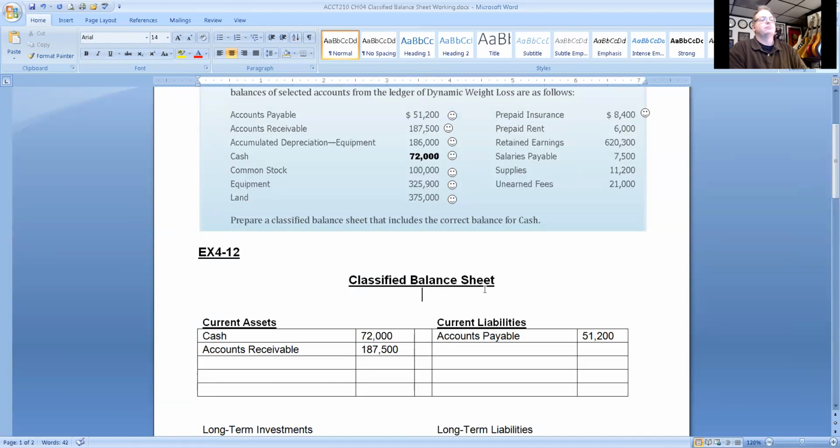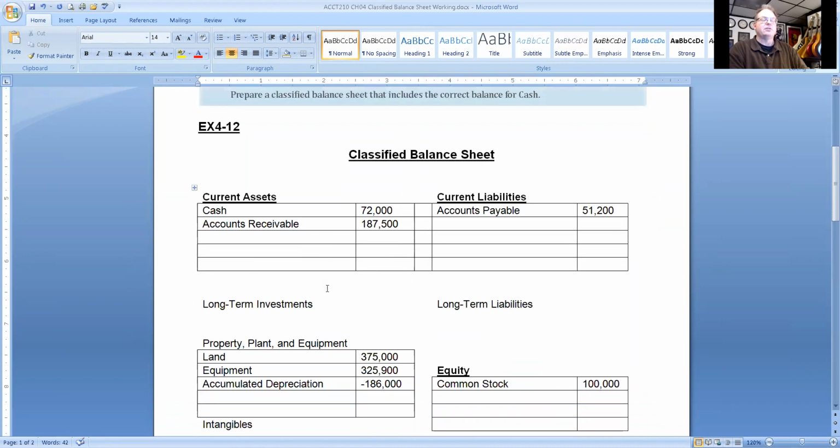The prepaid expense. Yeah, same thing as prepaid. So what classification is it going to be? It's going to be an asset. I'll give you a choice. It could be either property, plant, equipment, or a current asset. Current asset. Yep.